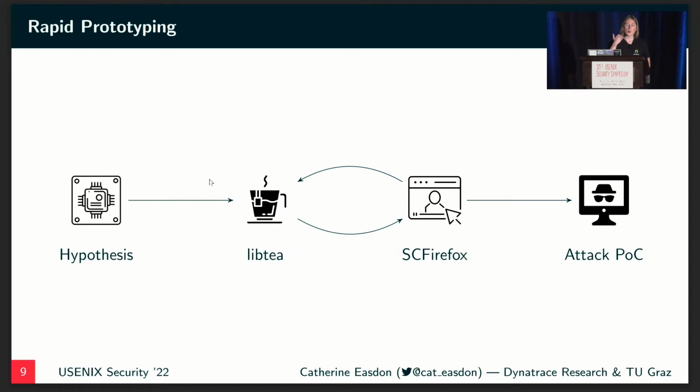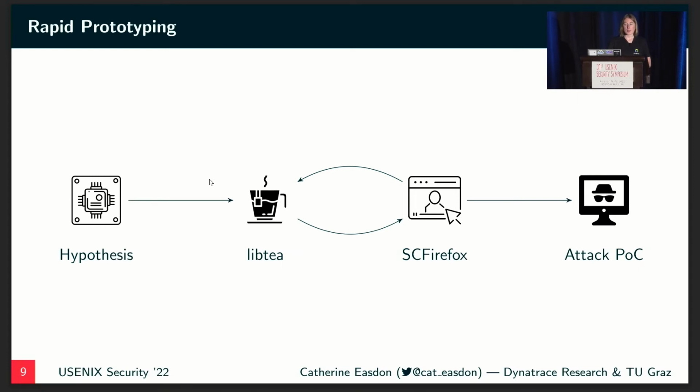But hearing from so many practitioners across so many different attacks, we really could see that the process was very iterative, even if that wasn't clear to practitioners themselves. And I can say from experience implementing attacks, often it does feel just super frustrating and unclear. When you take the high-level perspective, we're starting from a hypothesis, we implement that in native code, and then using SCFirefox, as I mentioned, we can take that straight to the browser.